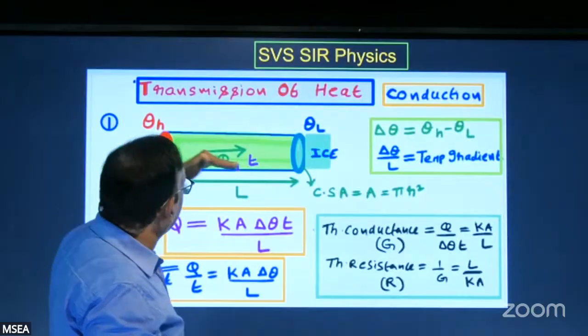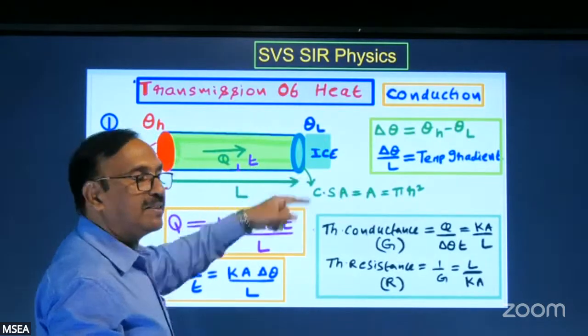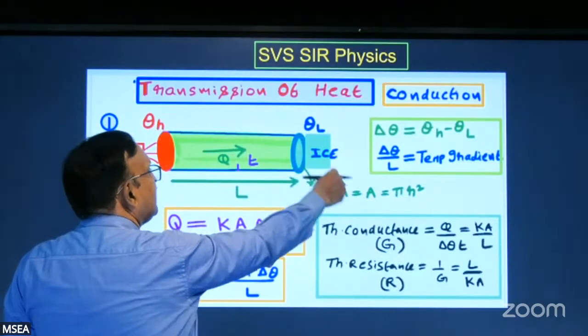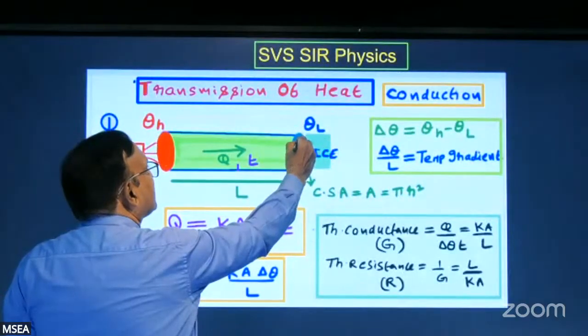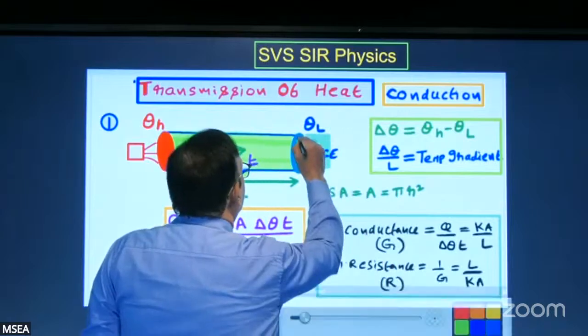The heat will be traveling along this path. Through what cross-section area this heat energy is flowing, that is A. Now, if the radius is R, the cross-section area comes out to be pi r square.